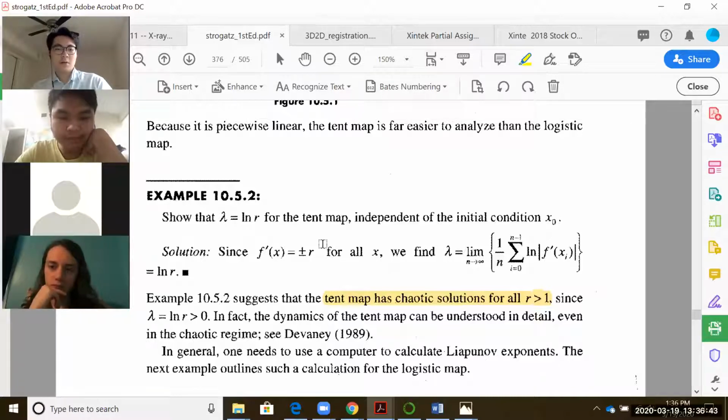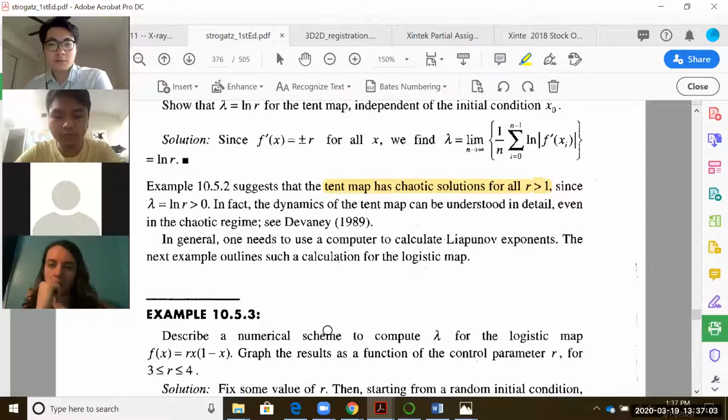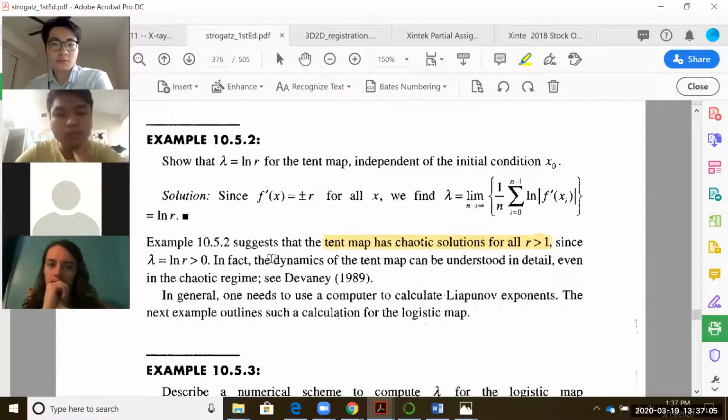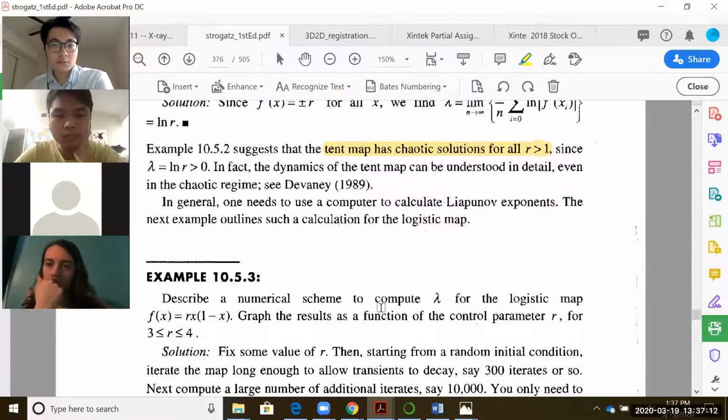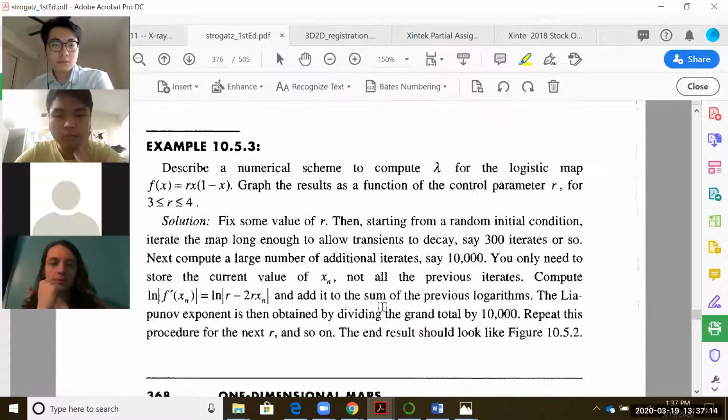So if r is greater than 1, log r will be positive, therefore it will be chaotic. If r is less than 1, then log r will be negative, and it will be stable. That is the case for the tent map, and you should try out this tent map. It's simple enough to try.